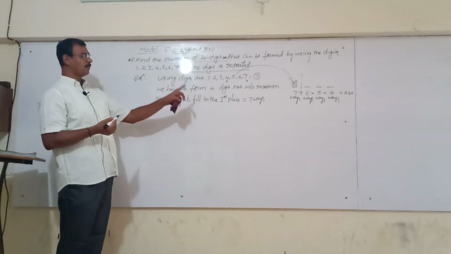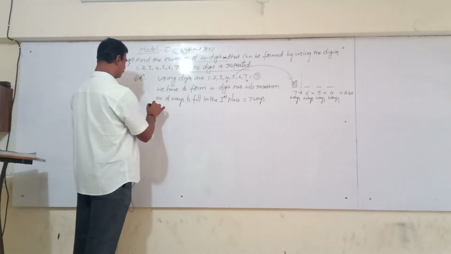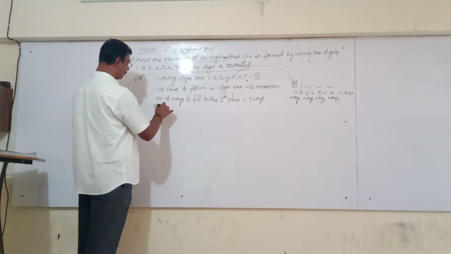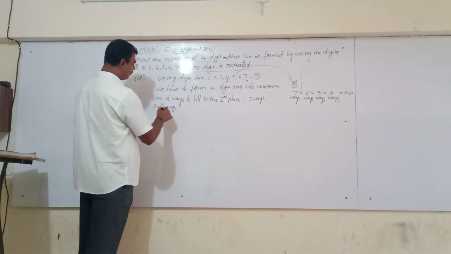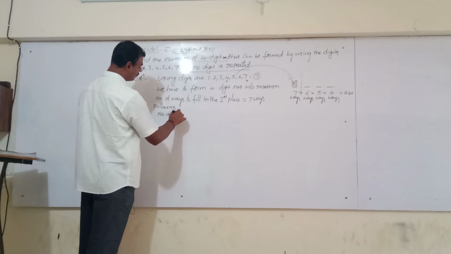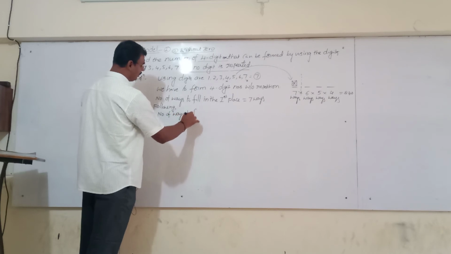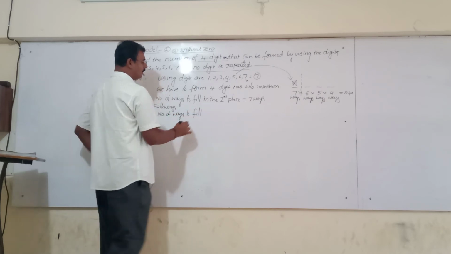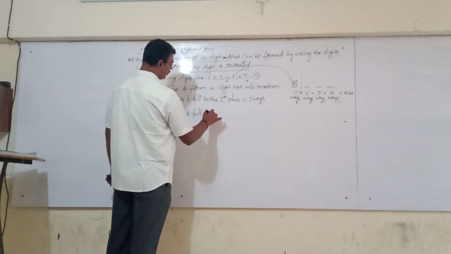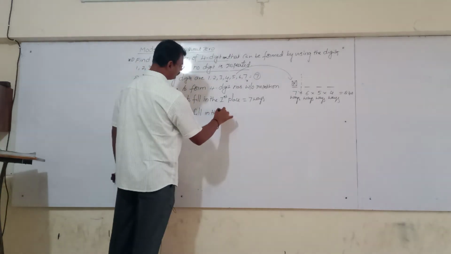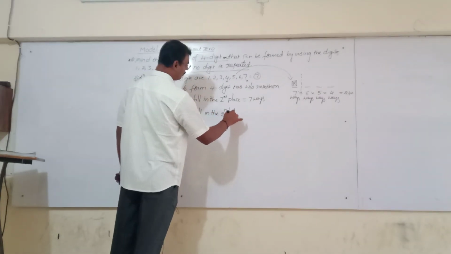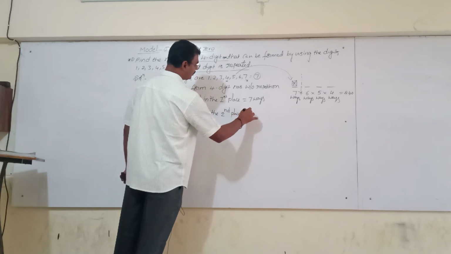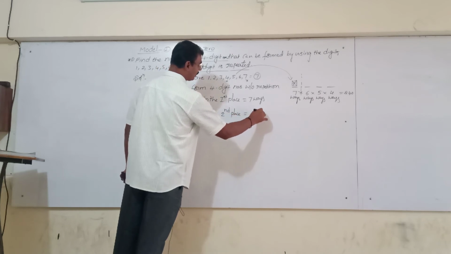Following this, the second place, the third place, and the rest. Number of ways to fill in the second place is 6 ways.